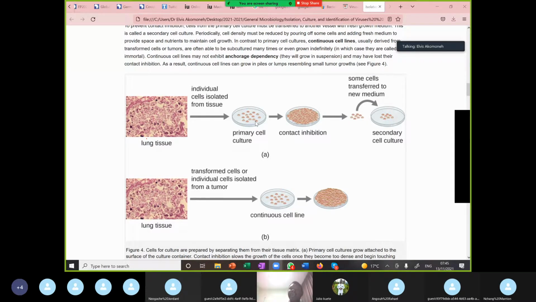If the virus is able to infect these cells, they will not grow, or there are changes on the cell that will be signs of viral infectivity. I'm going to talk about these changes shortly. We typically call them cytopathic effects.